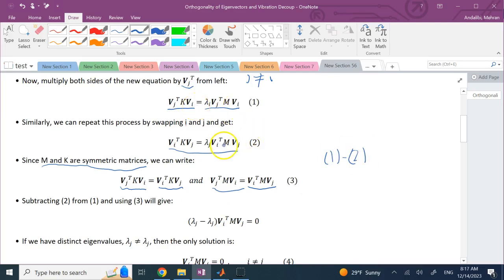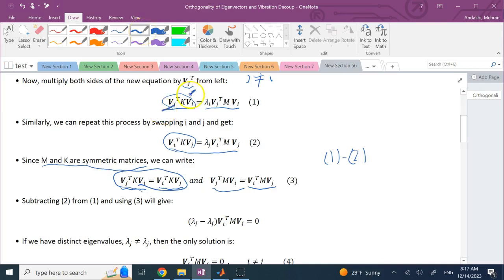Well, remember that V j transpose K V i is the same as V i transpose K V j. So the left sides of 1 and 2 are the same. Look here. When we subtract, they cancel each other, so the left-hand side cancels.